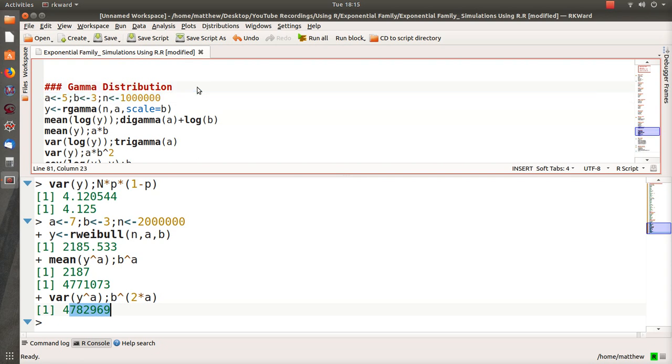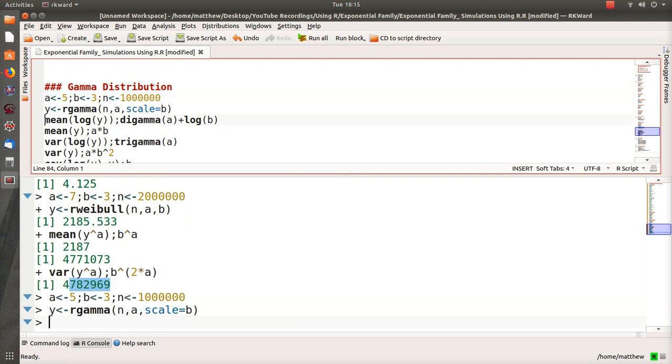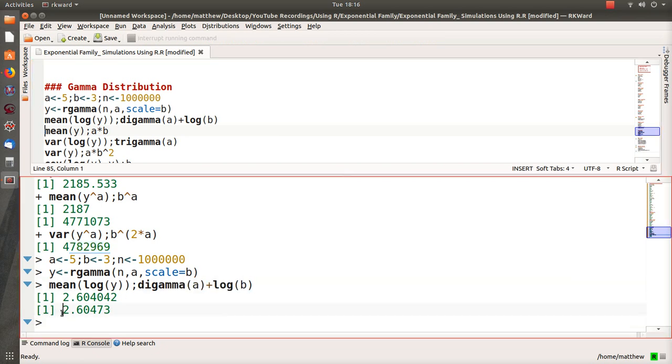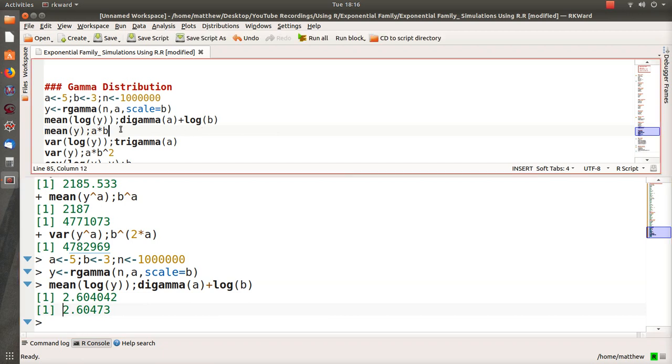This is kind of interesting to show that it is true. So we simulated 1 million observations, alpha 5, beta 3, stored in y. Now let's find the mean of the log of y, and it's 2.6, and the theoretical mean using the digamma function is 2.6 also, so it's right on top.